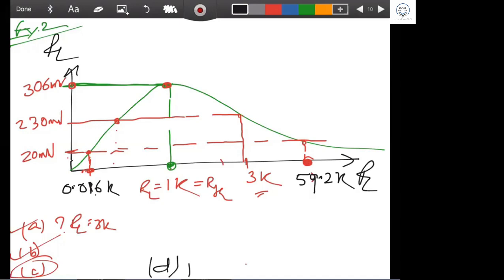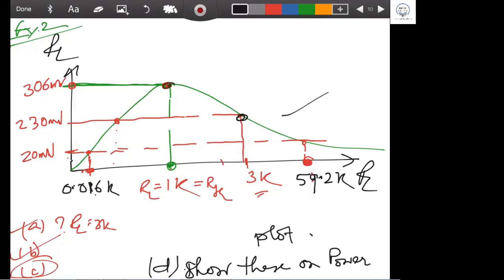Question D is to show these parameters on a power plot. You have to label all these things. Whatever values you got, you have to show in the power plot. This is the RL versus PL you have to draw, and show all the parameters on the graph.